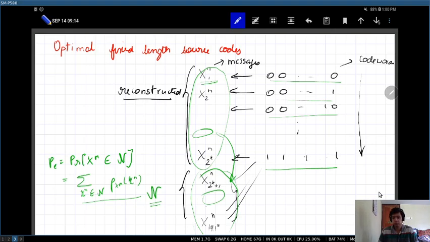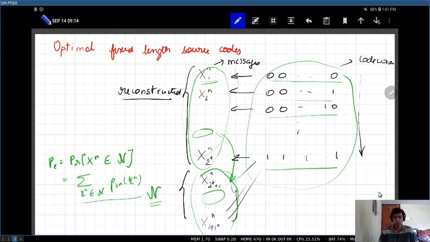The practical problem is that for small n, it's great. You know exactly how to compress and decompress, and the compression algorithm basically consists of maintaining this table of reconstructible sequences and code words. But on the other hand, for large n, this is very wasteful.